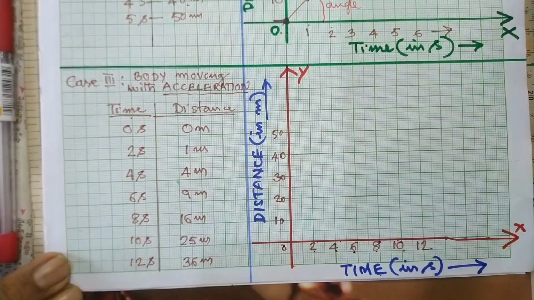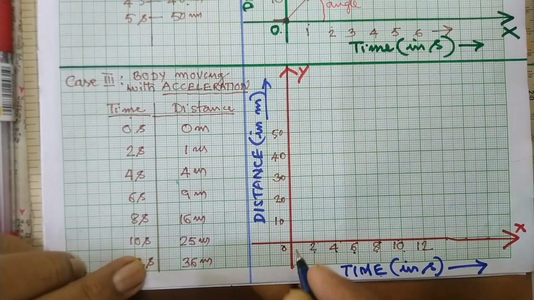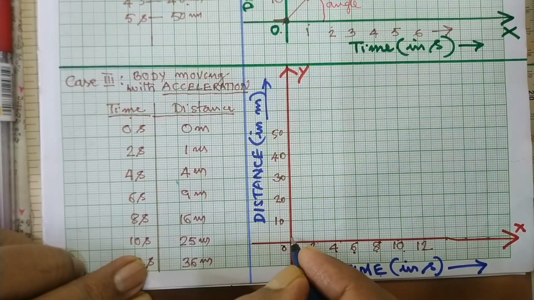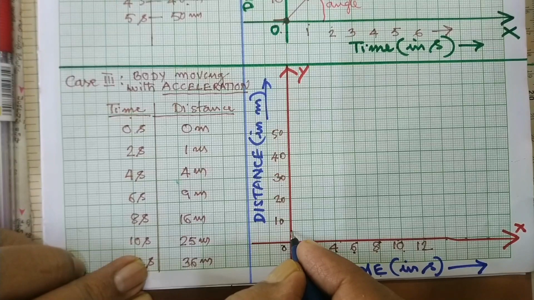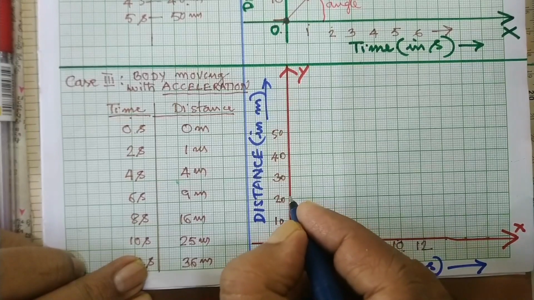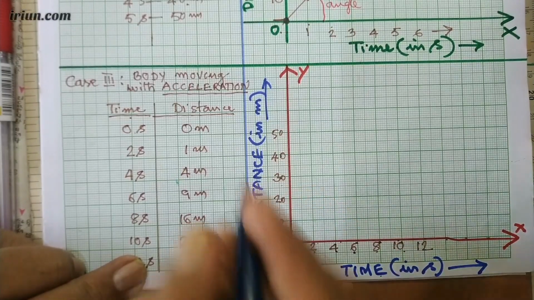Here 10 meter means each millimeter of this line gives us 1 meter. Like this 1, 2, 3, 4, 5 meter, 6 meter, and so on. Normal counting only, millimeter-wise you have to count for these values.